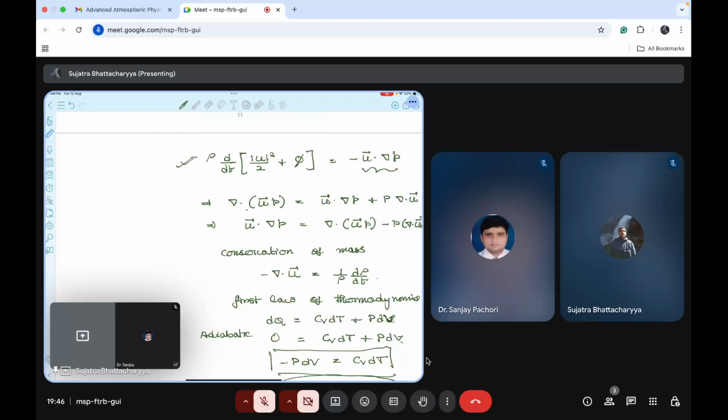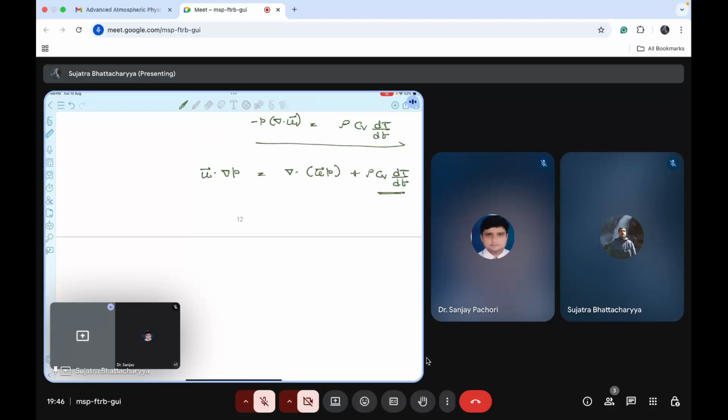Okay. Let's come back to this equation. So let's write this. So rho d dt of u square by 2 plus phi is equal to minus u dot grad p. Right? This was the expression. U dot grad p we have found out.